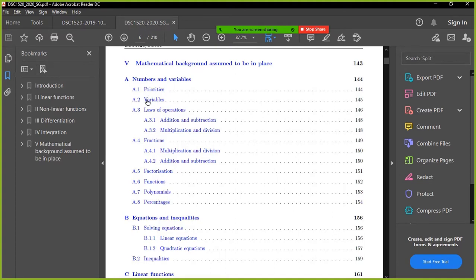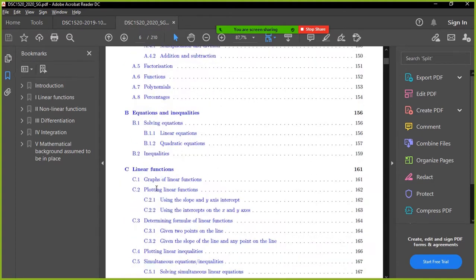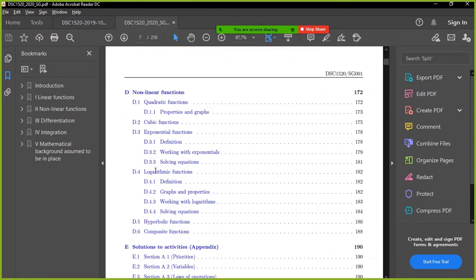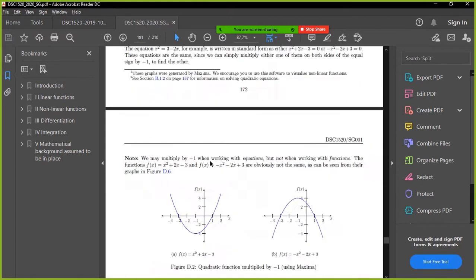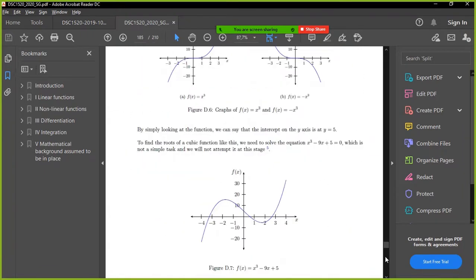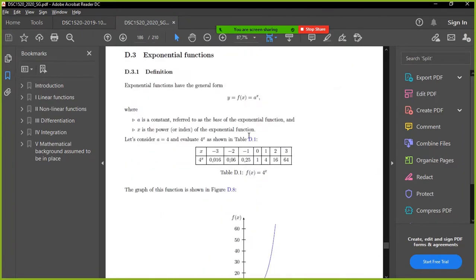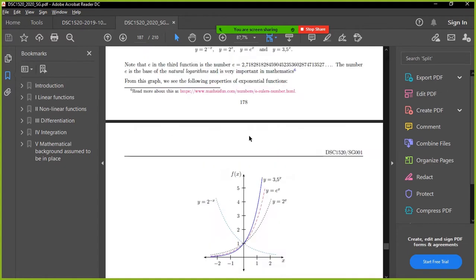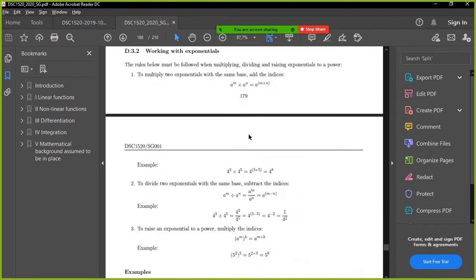I don't see exponents here. I see it here, nonlinear. There, working with exponentials. It's probably there, 179. No, not quite. These are still graphs. Okay, yeah, there we go.